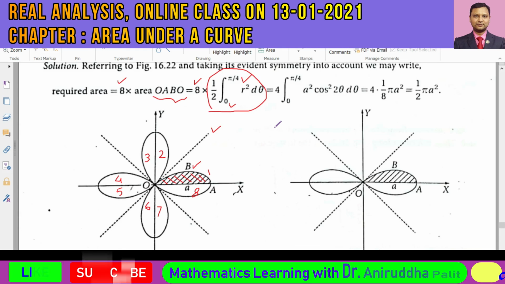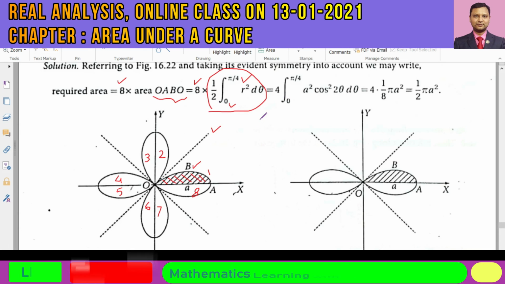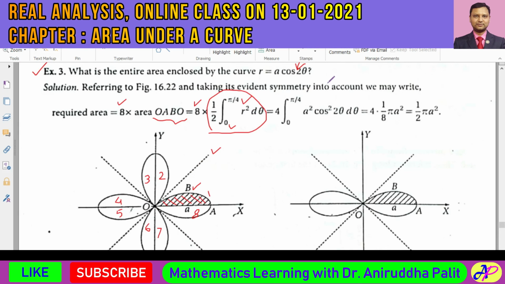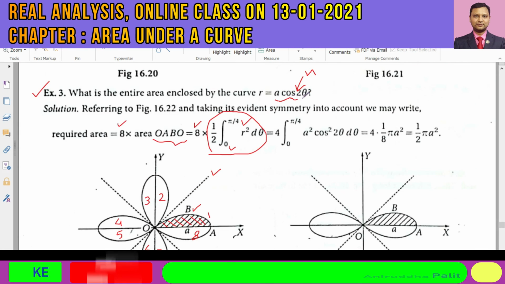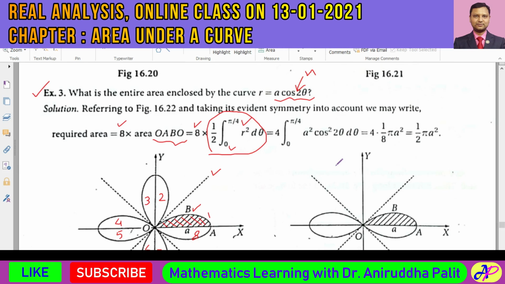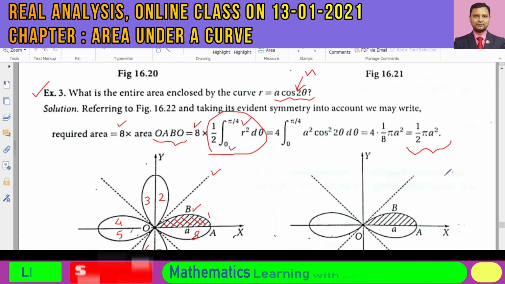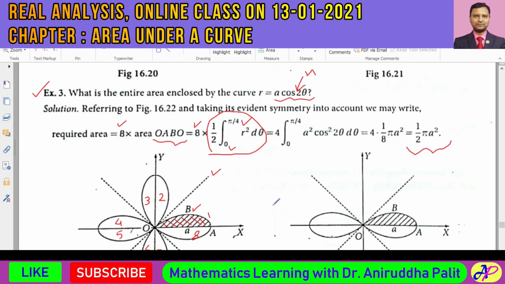In this way we compute the total area, and afterwards we put r is equal to a cos of twice theta. If this is integrated, then ultimately you will get this area, half of pi a square.